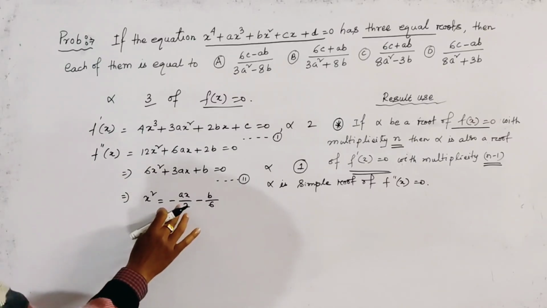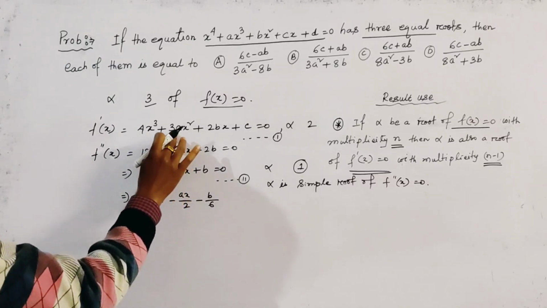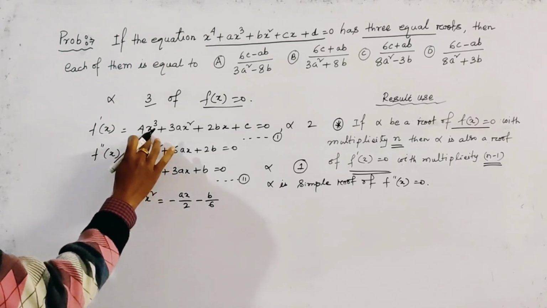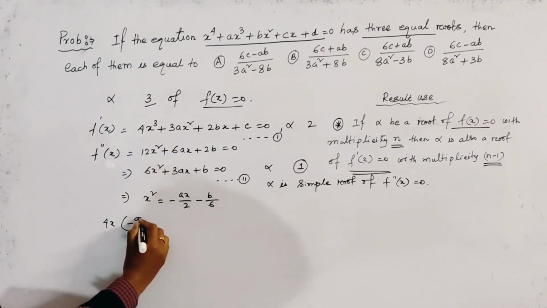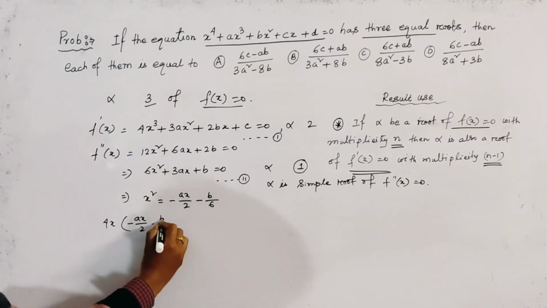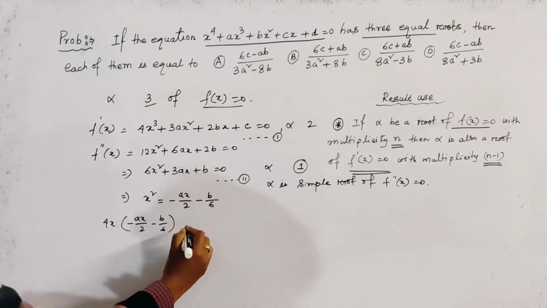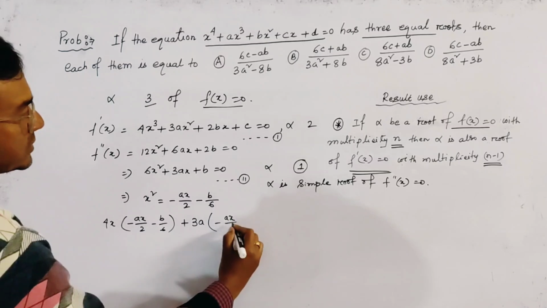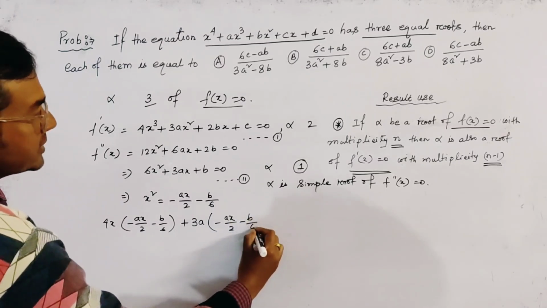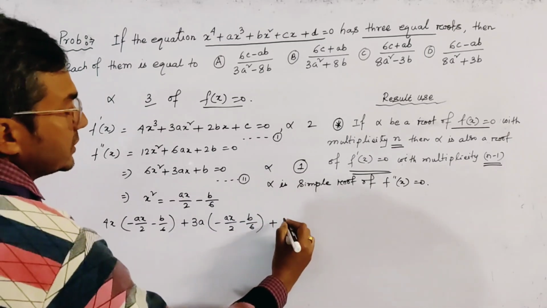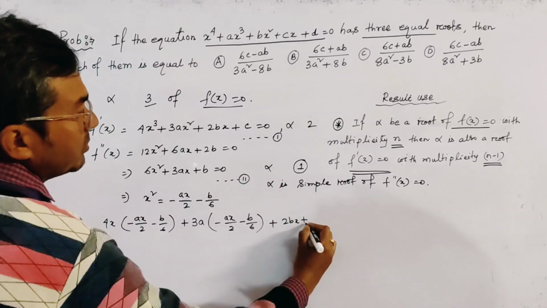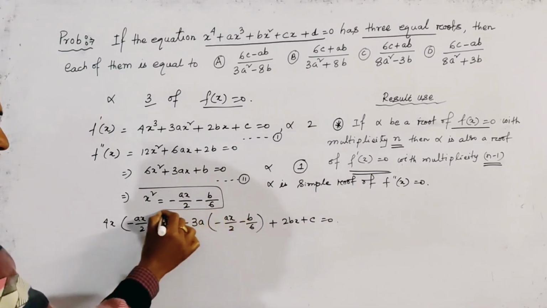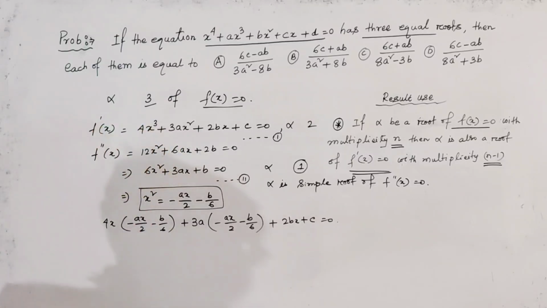Now putting the value of x square in equation number 1, we get 4x into minus ax by 2 minus b by 6 plus 3a into minus ax by 2 minus b by 6 plus 2bx plus c, equal to 0.